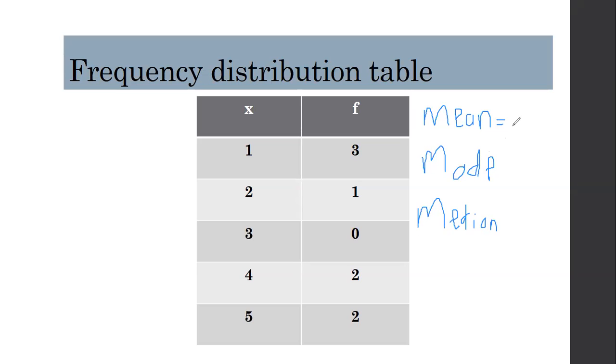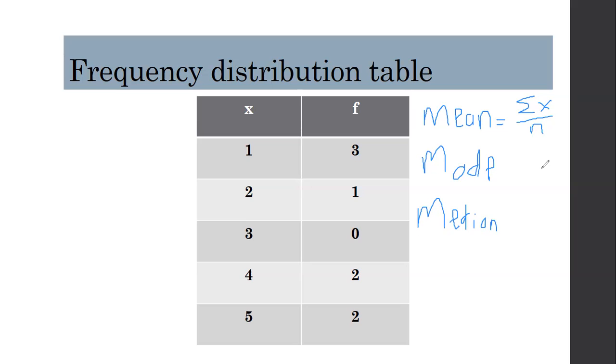So for the mean, we take all of the scores that we have and we put them down, so the frequency, we'll put the number 1 three times, and then we put all of those numbers down and add them together, and the score that we land up with, we then divide by the amount of times that number showed up.